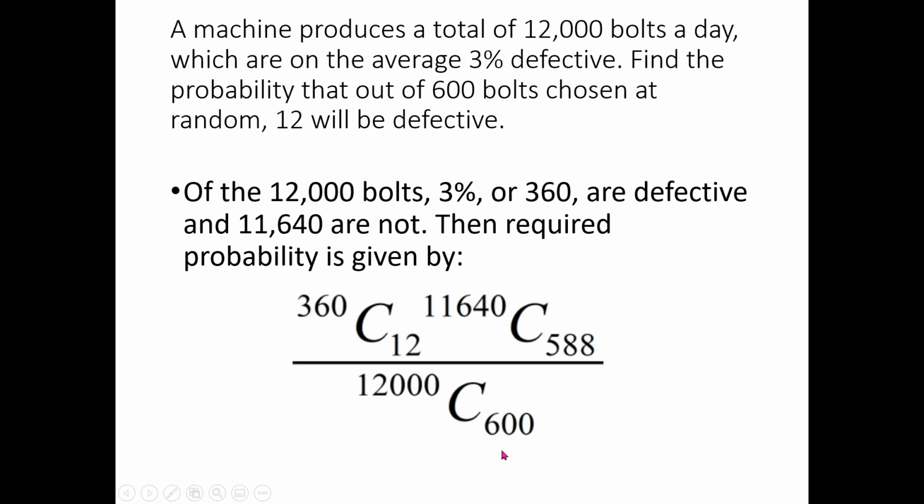Now we have to find the probability that 12 will be defective. So out of 360, that is the 3% which are defective, we will be selecting 12, whereas the remaining 588, that is 600 minus 12, will be selected out of those which are not defective. You can use a scientific calculator easily to compute these combinations, and then you will get the final answer.